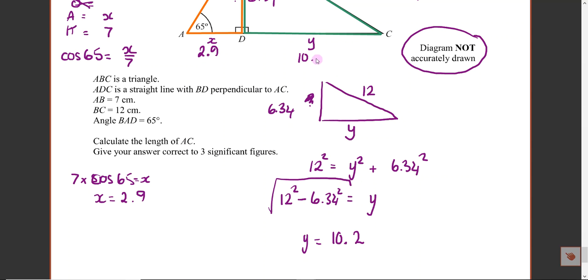So that's 10.2 up there. And then the answer is obviously those added together. So the final answer, AC, is 13.1. A lot of people forget that.